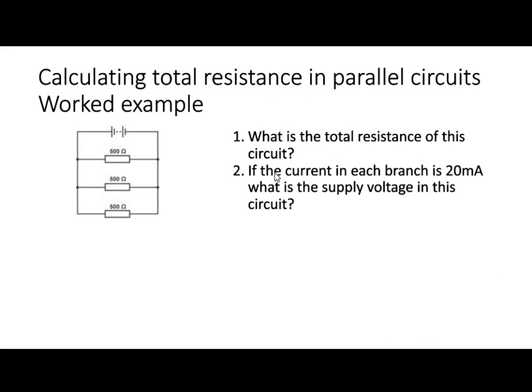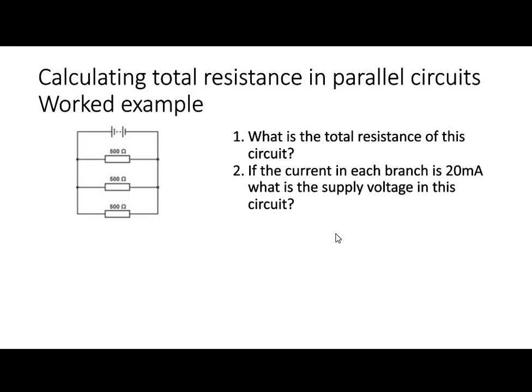Okay, just to finish, we're going to look at a slightly different example. So calculating total resistance in parallel circuits. Here I've got three resistors in a circuit. Now there is a particular rule that we can use to work out the resistance in this circuit. Recall that for series circuits we just added the resistors together.